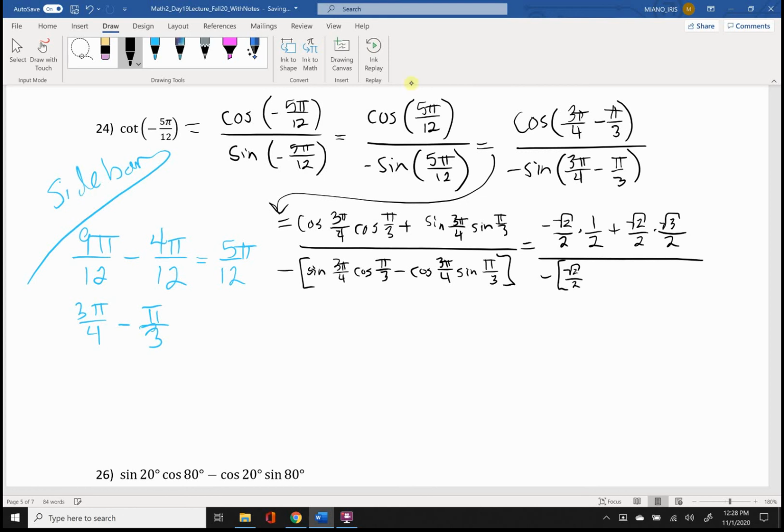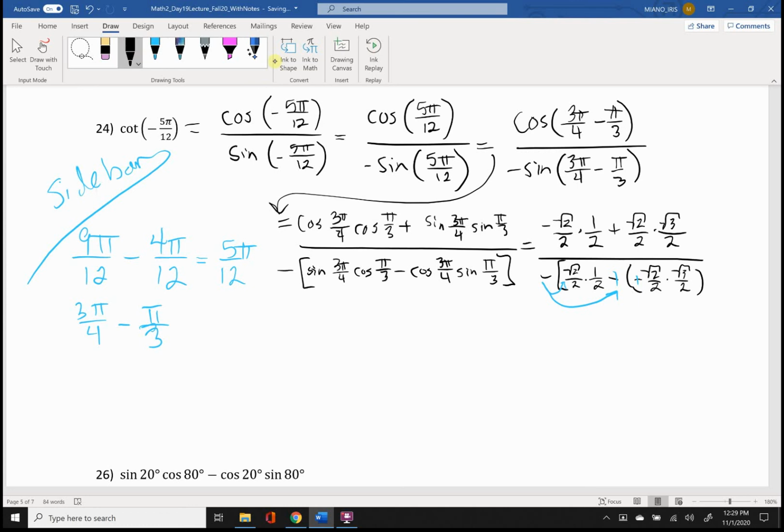Then root 2 over 2 times 1/2, plus, minus a negative root 2 over 2 times root 3 over 2. Okay, so then these two signs are going to cancel each other out, right? I could do that in another color just to make sure I show you that it happens, but then we need to distribute through this sign as well, here and here. So it's like, yes, it cancels out, but it becomes subtraction yet again. So fun.